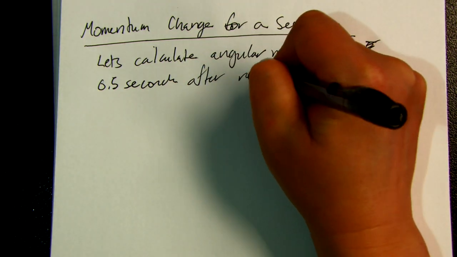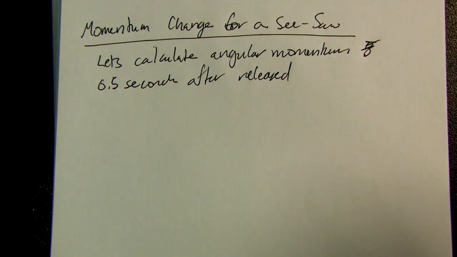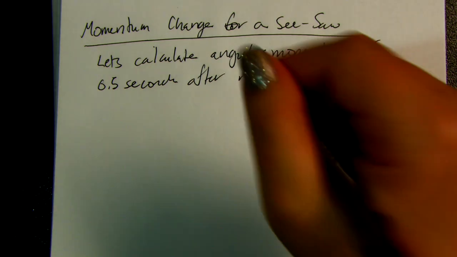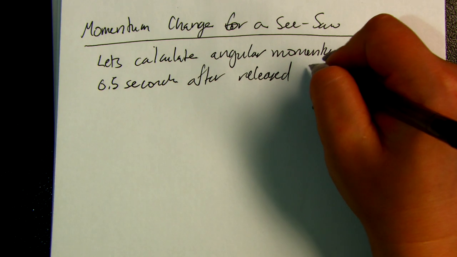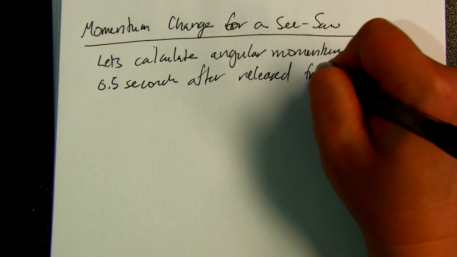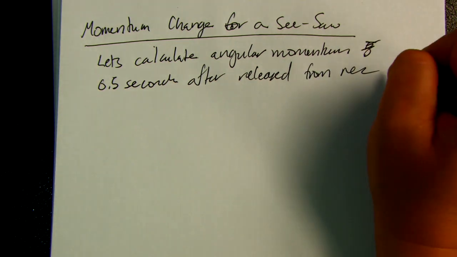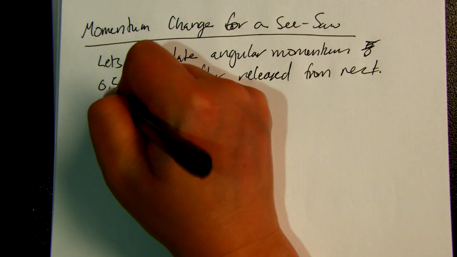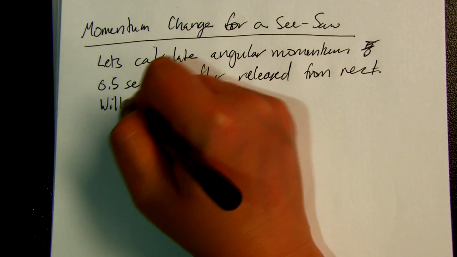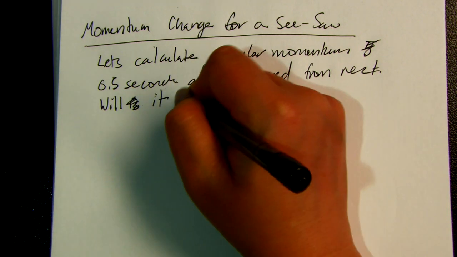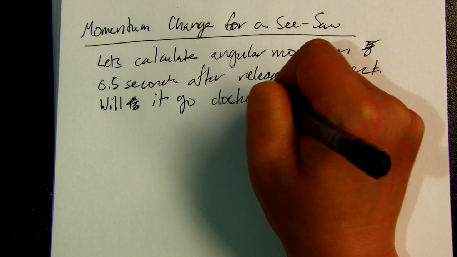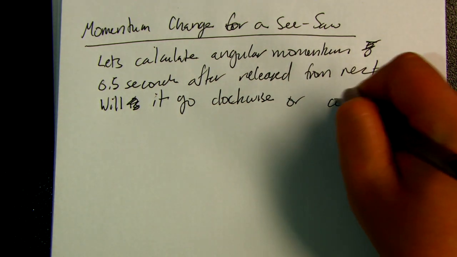So what we're referring to is the problem we did in part 2's lecture on Monday with Esther and Piper on a seesaw. So released from rest, and we want to know, will it go clockwise or counterclockwise?